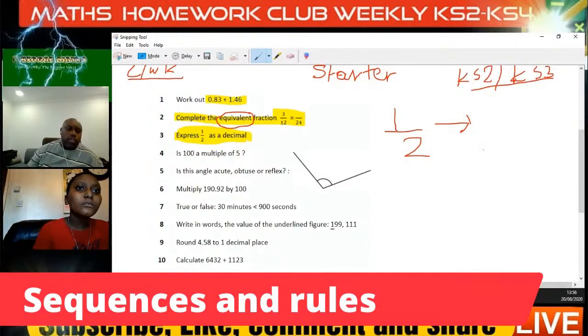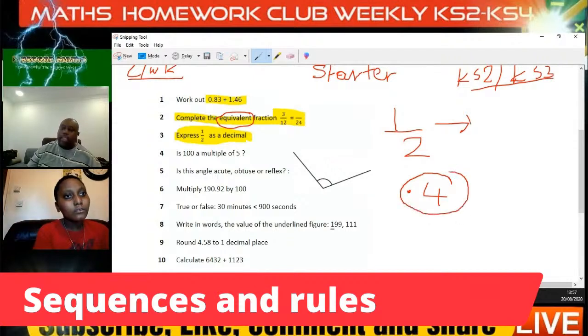A decimal. I'm expecting to see something with this in it, like 0.4. I'm expecting to see something like that. Yes? Now, this is what you do here.